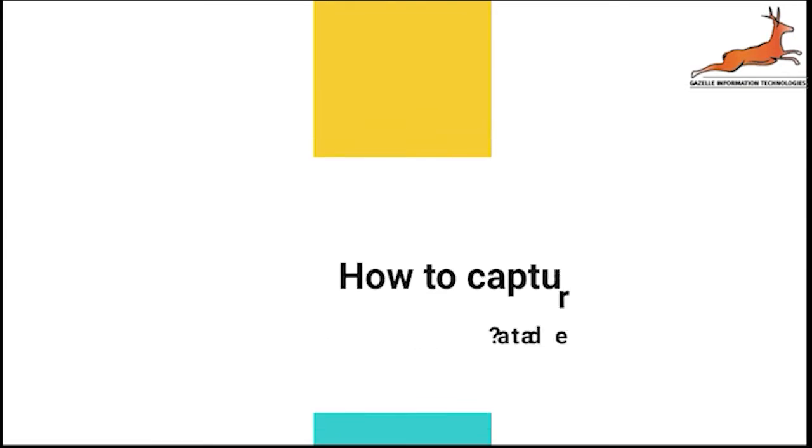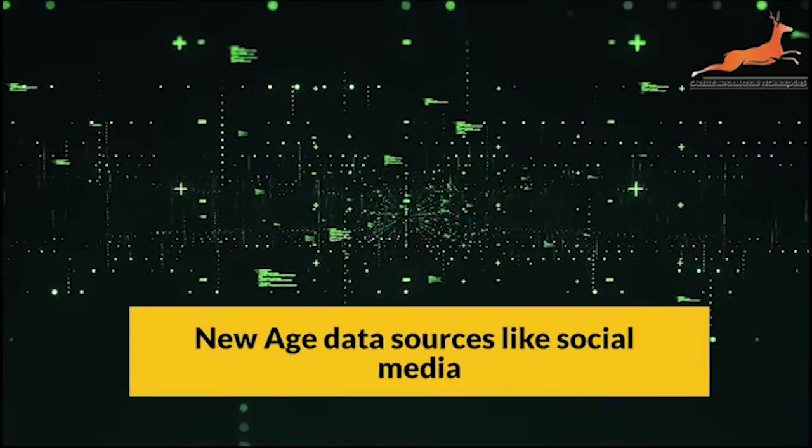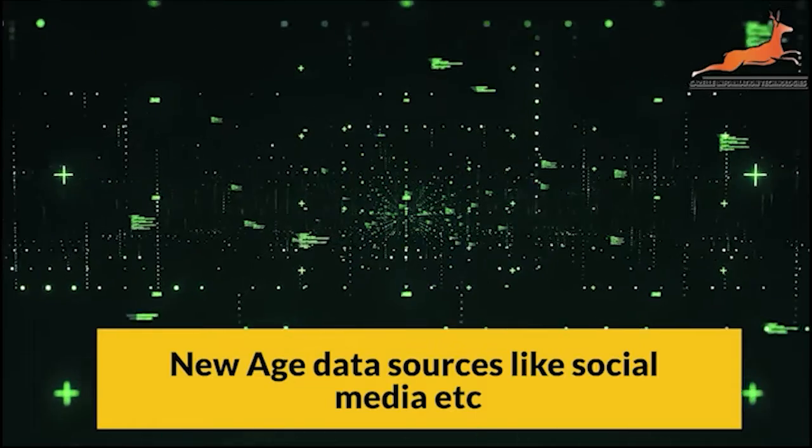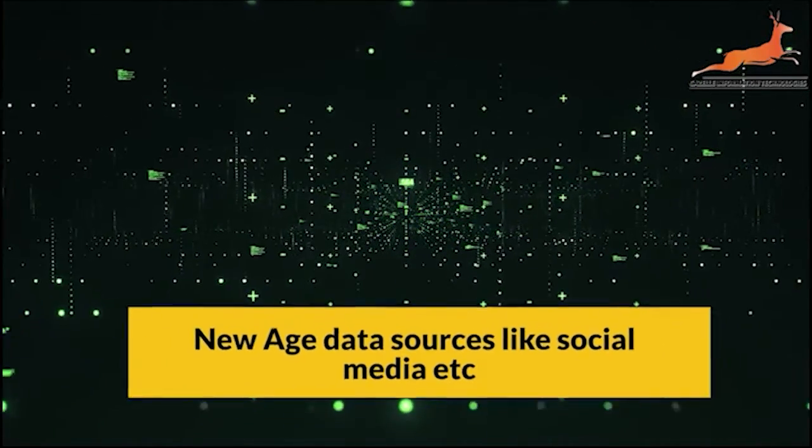Now, to capture the data, it could be from sources which are available as social media inputs, or it could be devices which give you that data. So it could be IoT devices which capture different types of data.